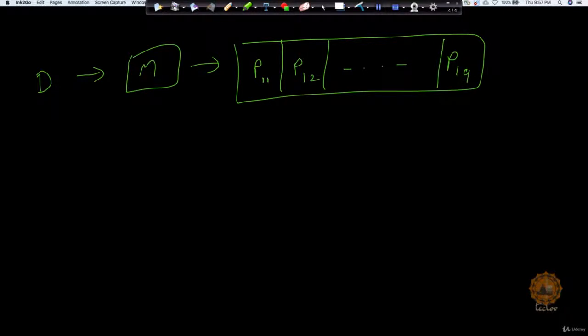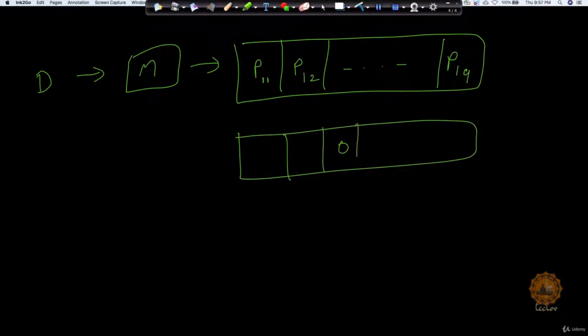Now think about it this way. Let's say I got a probability that for class 3 the value is 1, and for the remaining it is 0, because the sum of the probabilities should be 1.